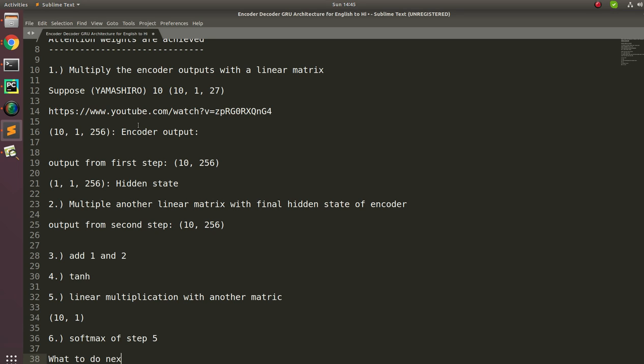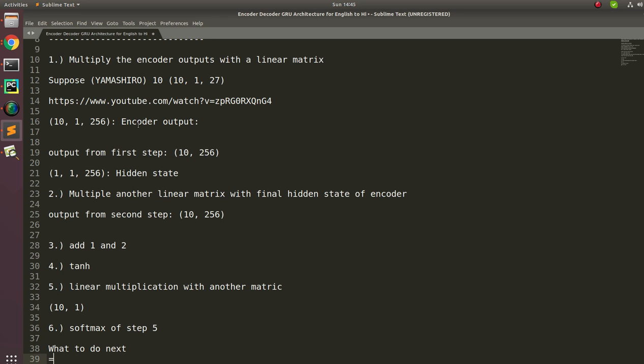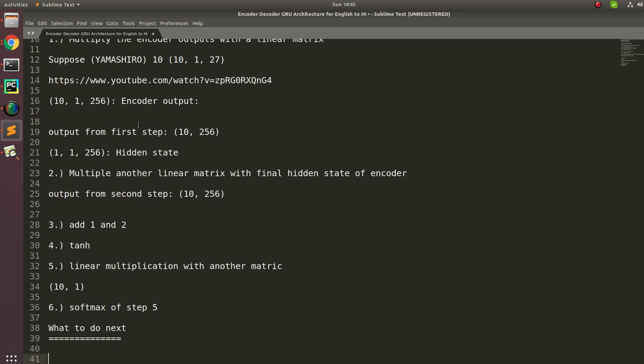Now we have the alpha weights, and these alpha weights have to be multiplied with the encoder output. When these weights are multiplied with the encoder output, we will get only those hidden states as input to the decoder which are really important.